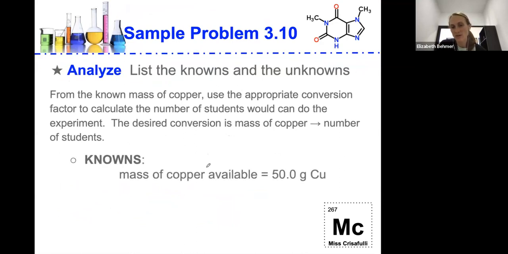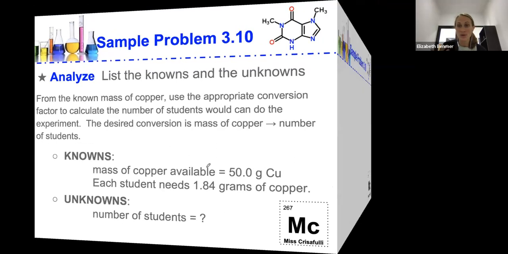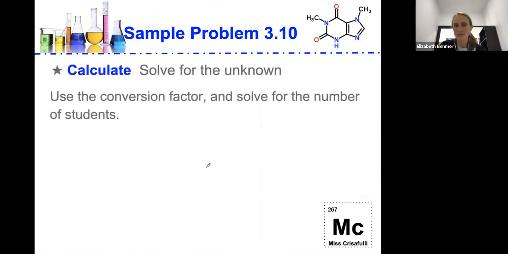So the mass of copper available, we know, is 50 grams of copper. And we know that each student needs 1.84 grams of copper. And the unknown is calculating out how many students can do the experiment. Let's solve for the unknown using our conversion factor. So we know we have 50 grams of copper.